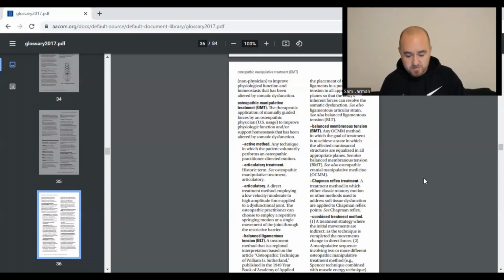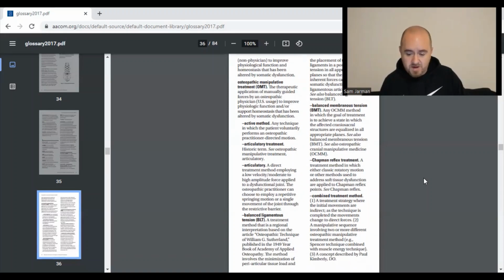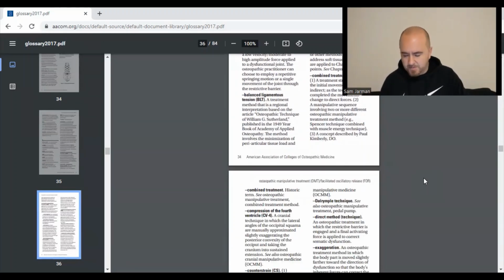So what we're going to do is move from here, first to the definition of direct treatment, and then go through this glossary to show direct methods and show you that they align quite well with the definition of direct treatment.